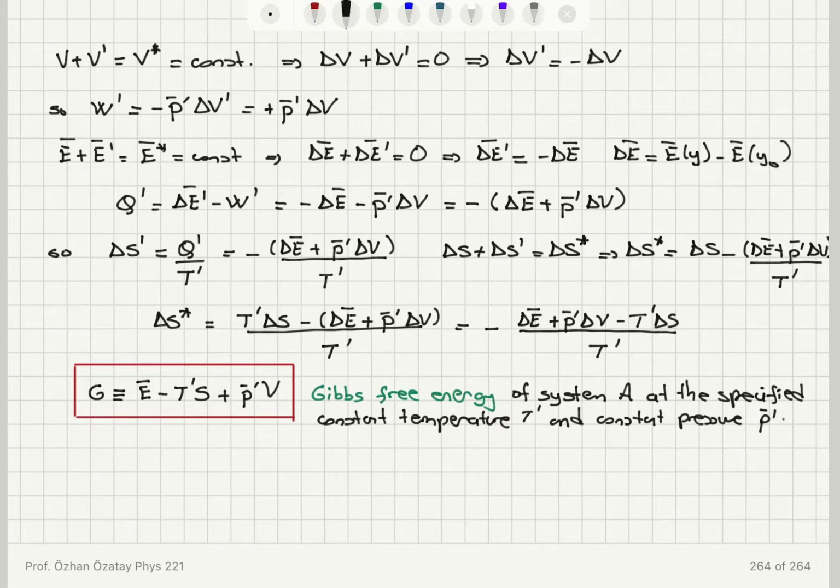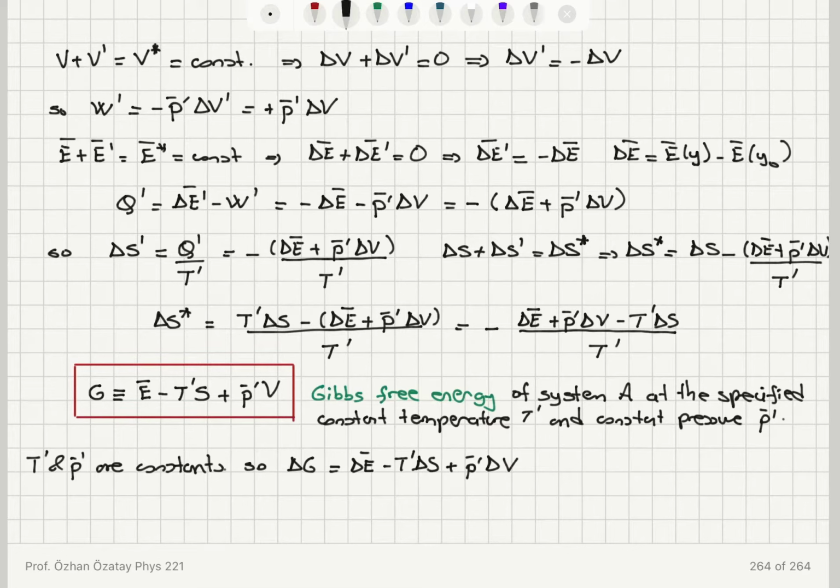So T prime and P prime are constants, therefore we can write for the change in the Gibbs free energy to be delta E bar minus T prime delta S plus P prime bar delta V.